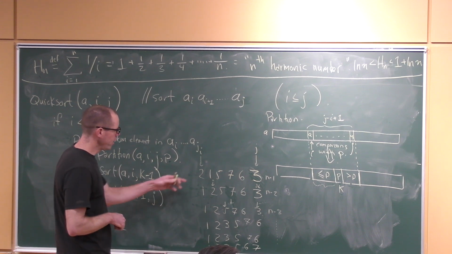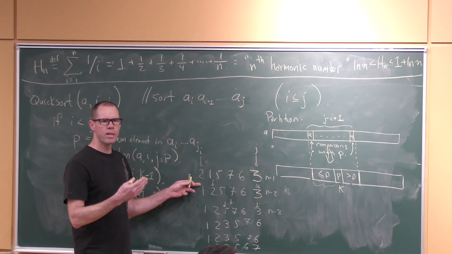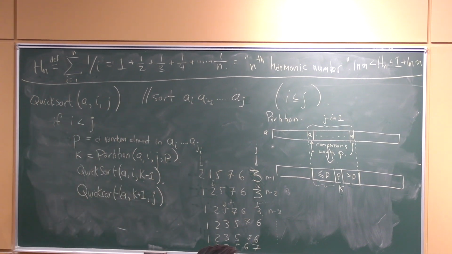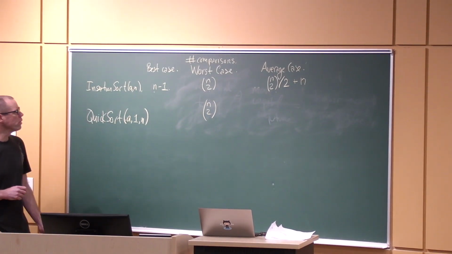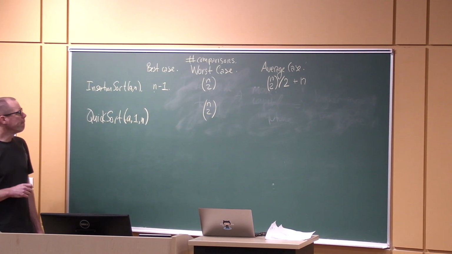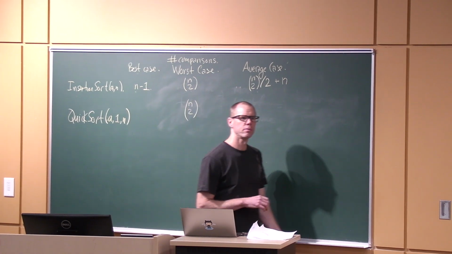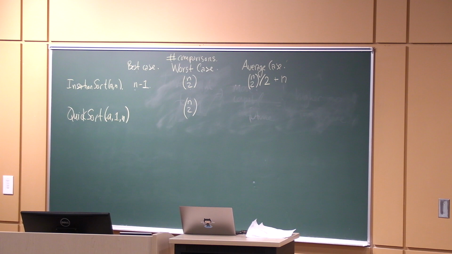To see that, any element will be compared to all the elements that are smaller than it. So that's bad. Worst case number of comparisons is n choose 2. Any idea about the best case? Choose just the middle. Yeah.